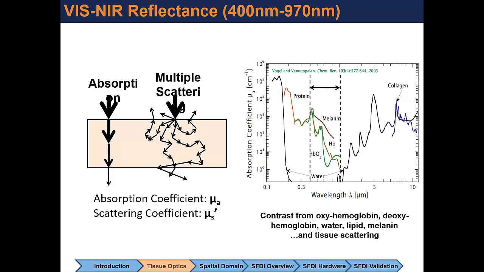You can use Beer's law to calculate the concentration of chromophores. But when you have tissue scattering, as you know from this short course, the light goes where it wants. It could scatter hundreds, thousands, tens of thousands of times before it reaches your detector. There is a Beer's law happening for each of these photons, but you don't know what path length the photon went when it arrives at your detector.